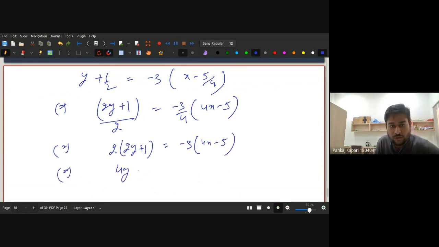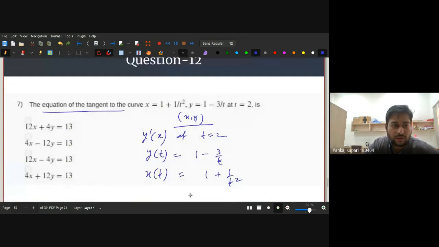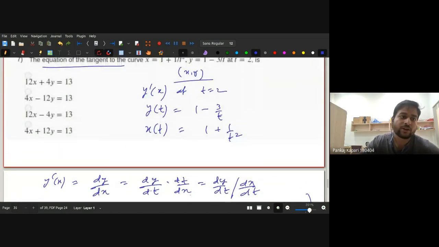So this is 4y plus 2, which is the same as minus 12x plus 15. And this gives that the equation of the line must be 12x plus 4y equal to 13. Okay, 12x plus 4y equal to 13. That means the first option is correct.